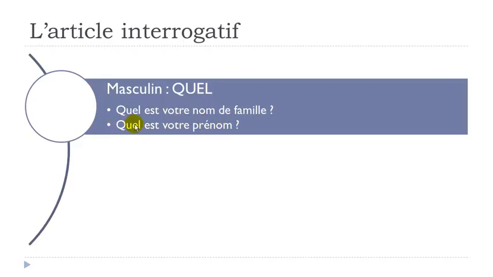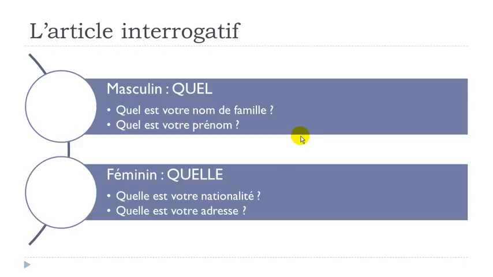So you can see now, in more detail, that nom and prénom are masculine words. And that's the reason why, in that case, you choose the article according to the gender of the word it is connected to. Quel, masculine form, because nom is masculine. Quel, masculine form, because prénom is masculine. Let's see now the feminine.